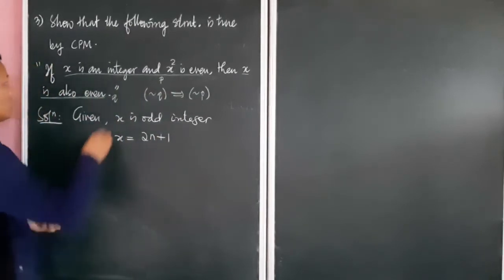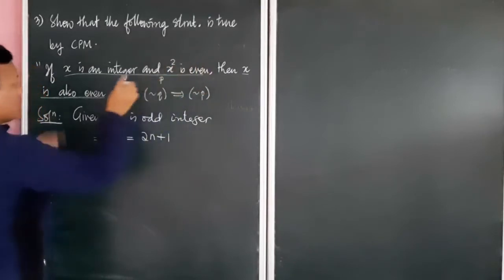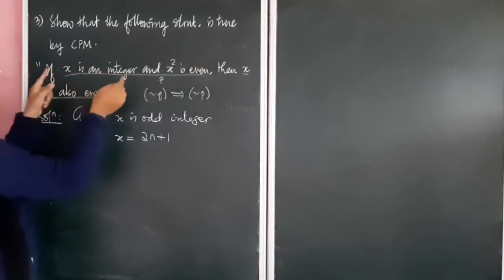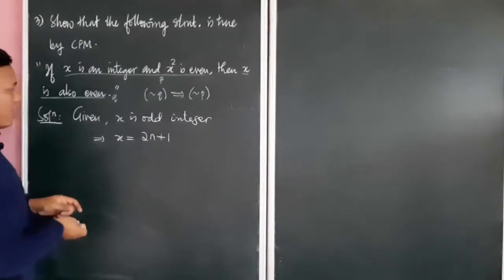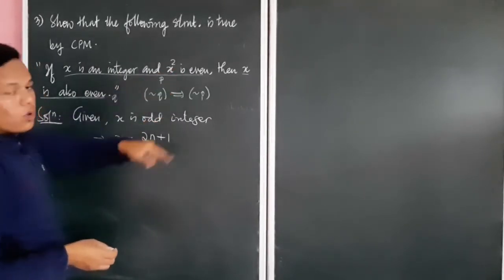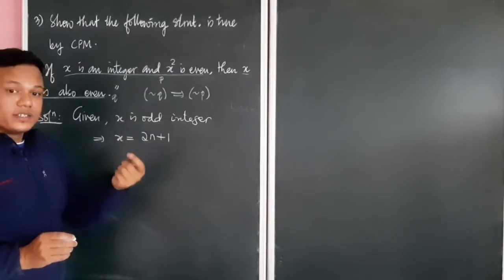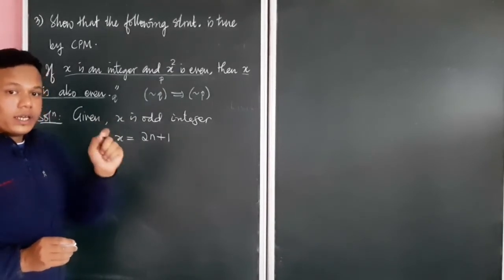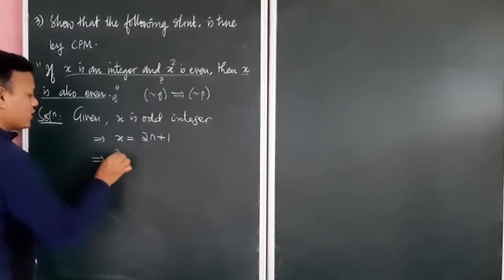Alright, so you need not pay attention to this. This is the main thing at last. This is just to show that x is an integer. You just need to remember that. Alright, fine. So we have to find now what is x square, and we need to prove that this x square is also an odd integer. Alright, so from here we see that what is x square?